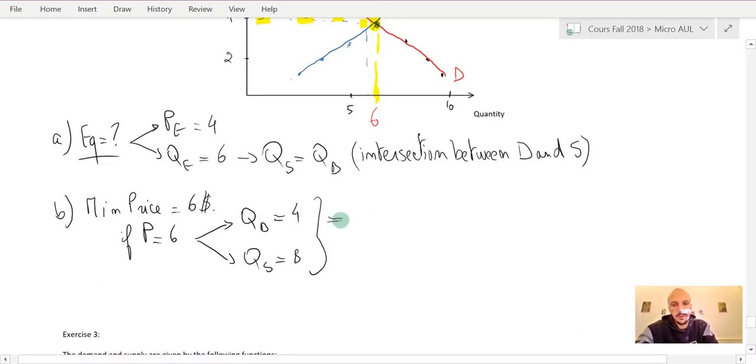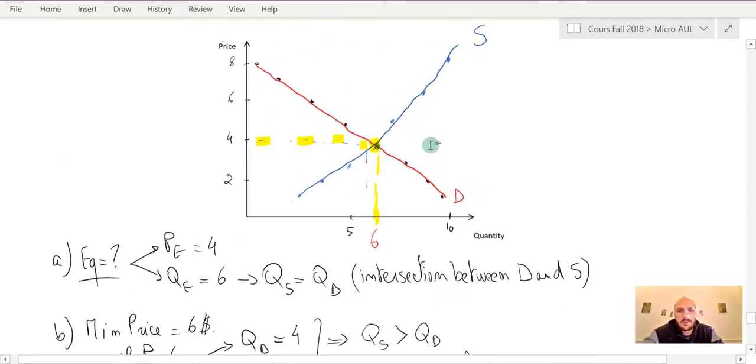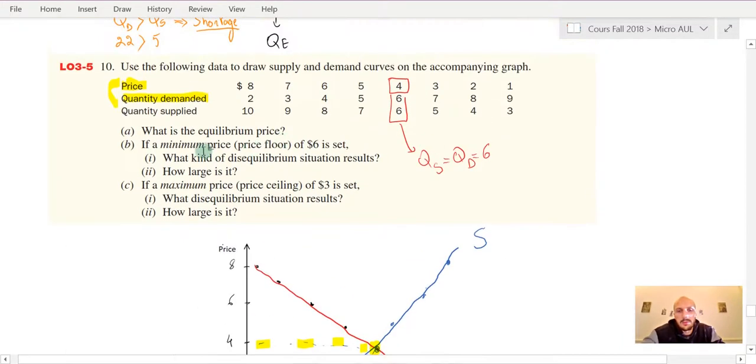So here we are not in equilibrium, and we have QS larger than QD. So we have excess supply. Okay, excess supply, here we have a surplus if you want in production.